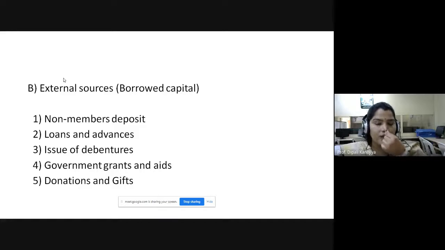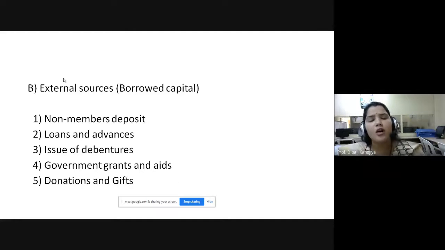Suppose we have a processing cooperative society. The state cooperative bank will provide money to the district cooperative society, of course, you know the chart. The district cooperative society will provide that money to primary cooperative societies, which may be processing, marketing, agricultural, or housing.